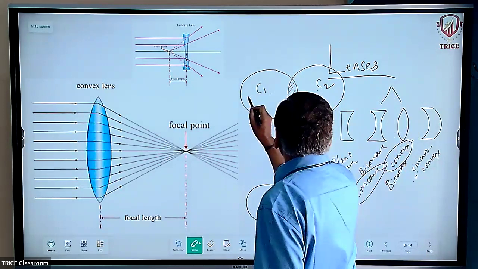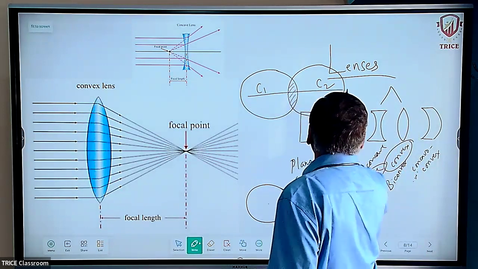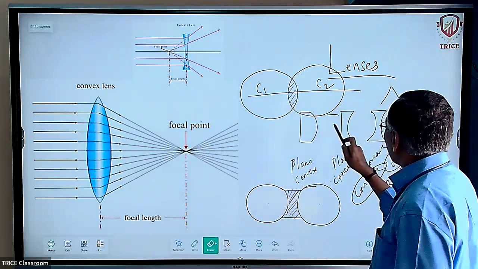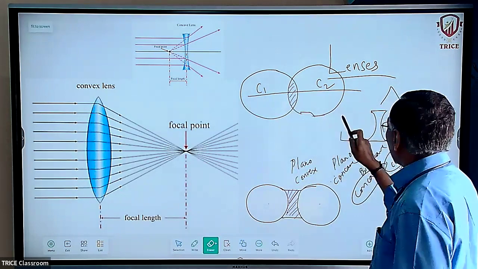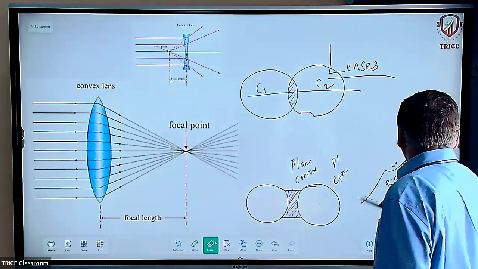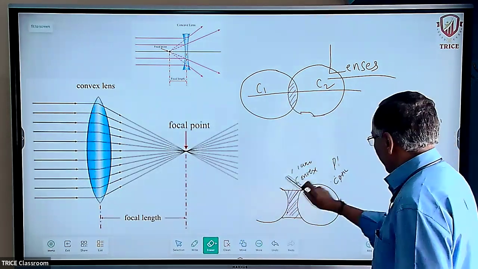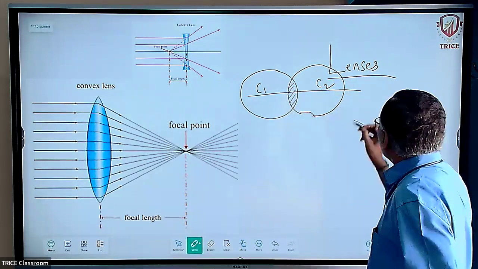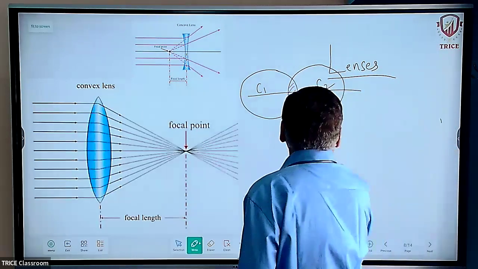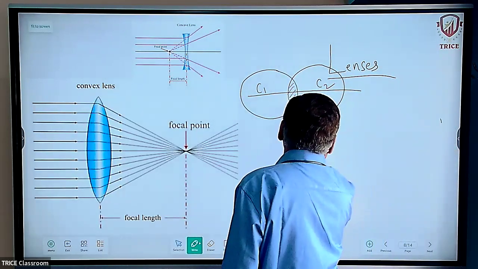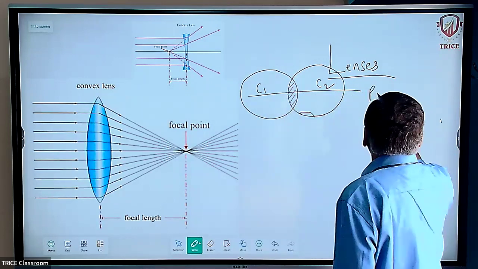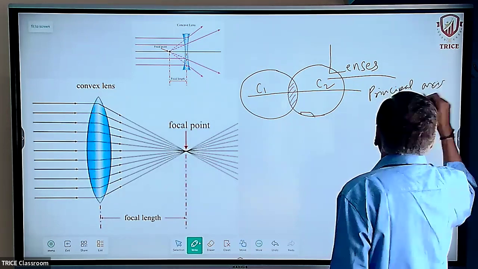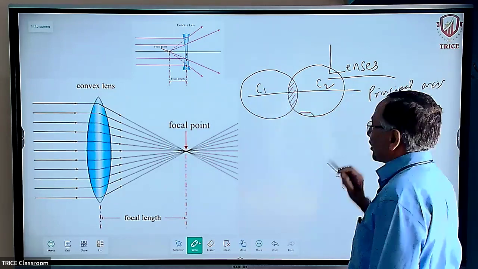Now, the line passing through both the centers of curvature we call the principal axis. It joins both the centers of curvature.